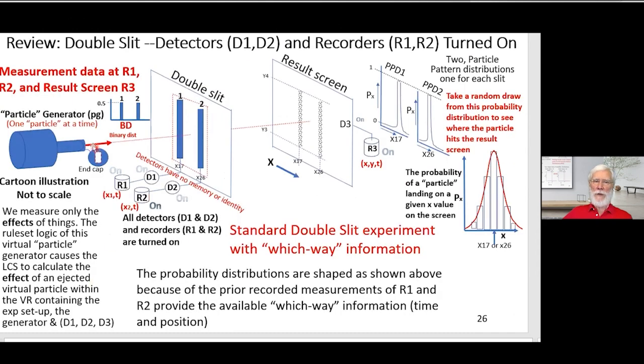The gun fires. Now, what slit is it going to go to? Well, the system doesn't have any way of knowing that, so it comes over here and does a random draw from this probability distribution. This is one of those that has just two choices, which means when you take a random draw, you're going to either get a 1 or a 2.